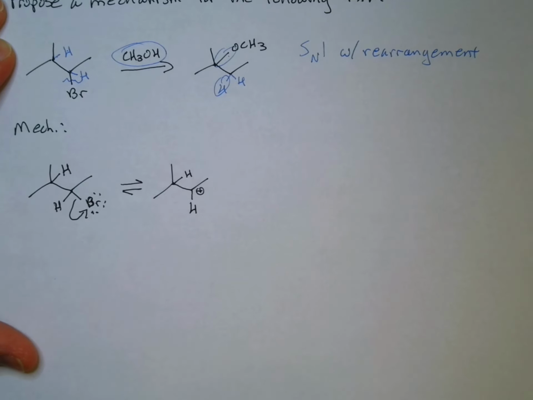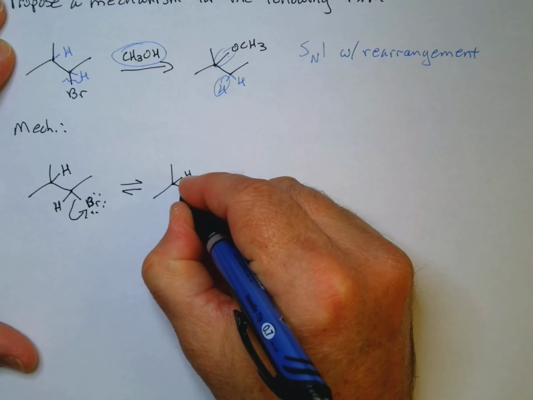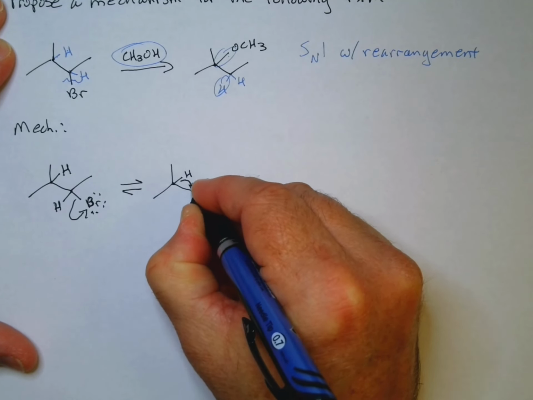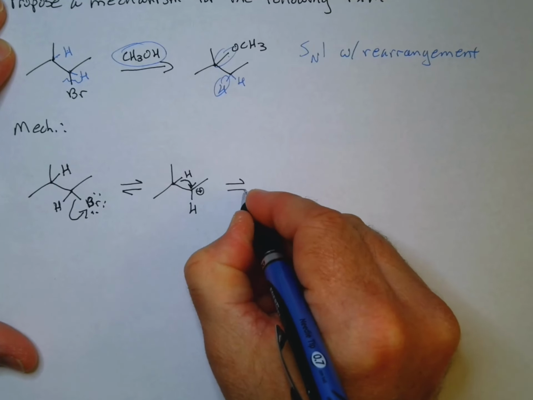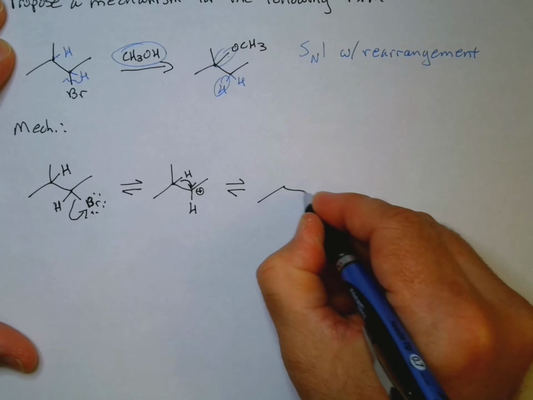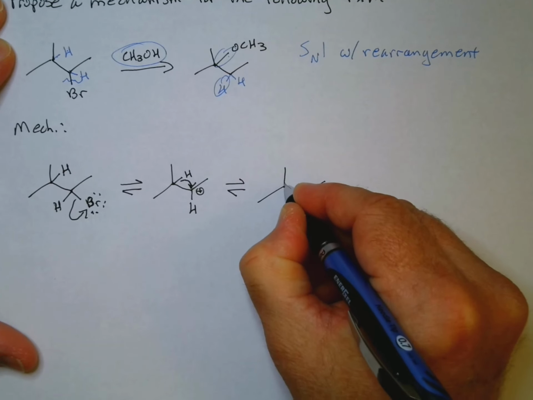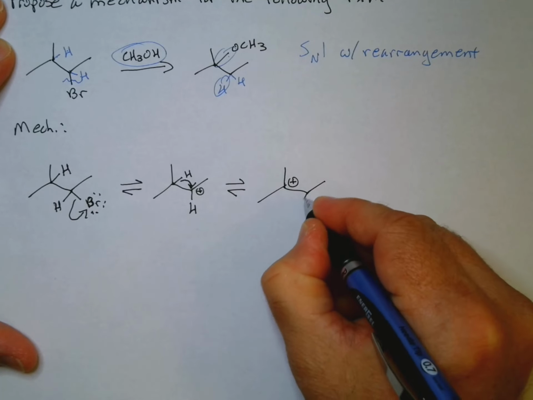Now we have a secondary carbocation. Now if I get my hydride shift, I'll end up with a tertiary carbocation.